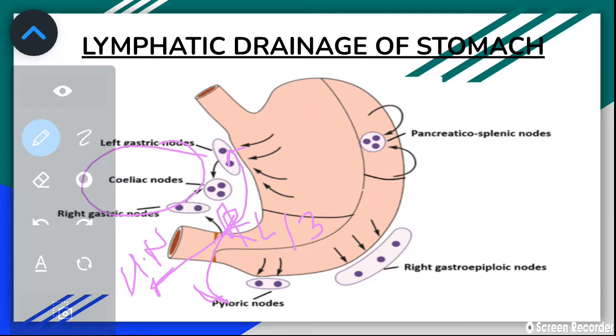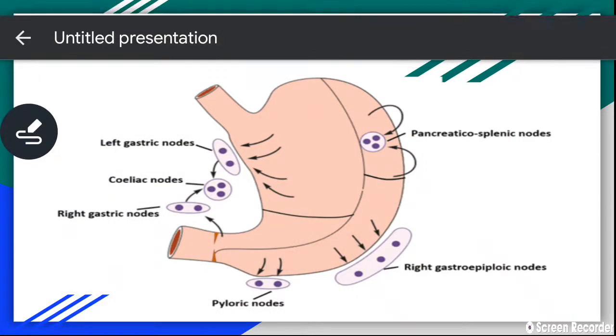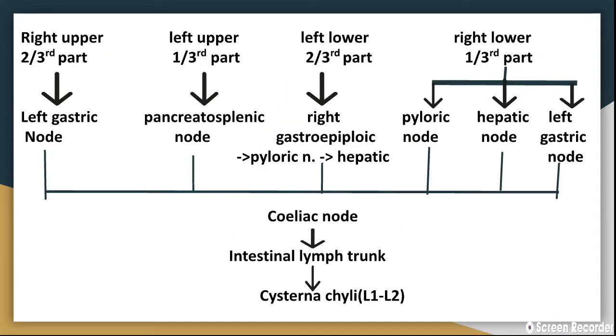So ultimately, all the lymph reaches the celiac node. This was the lymphatic drainage of the stomach. This is the summary of the lymphatic drainage.